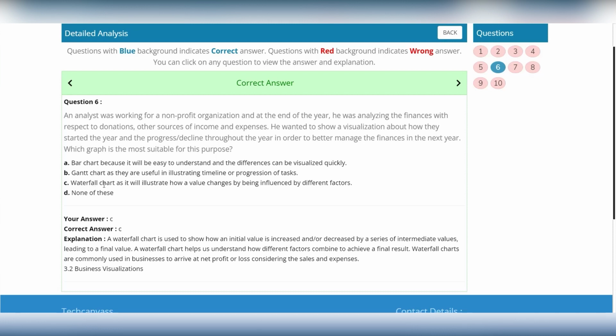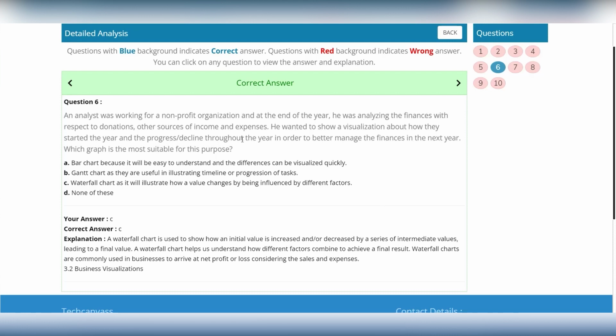Waterfall chart is correct because a waterfall chart is used to show how an initial value is increased and/or decreased by a series of intermediate values leading to a final value. A waterfall chart helps us understand how different factors combine to achieve a final result. That is what we are looking at, right? A final result.